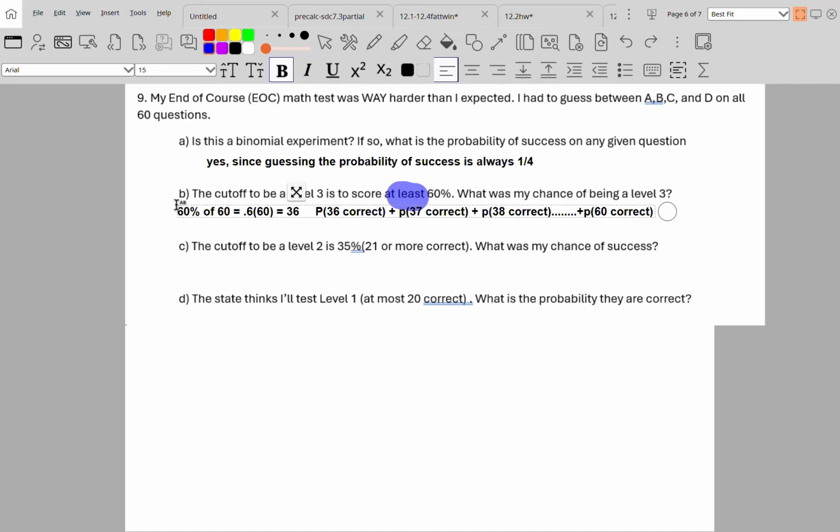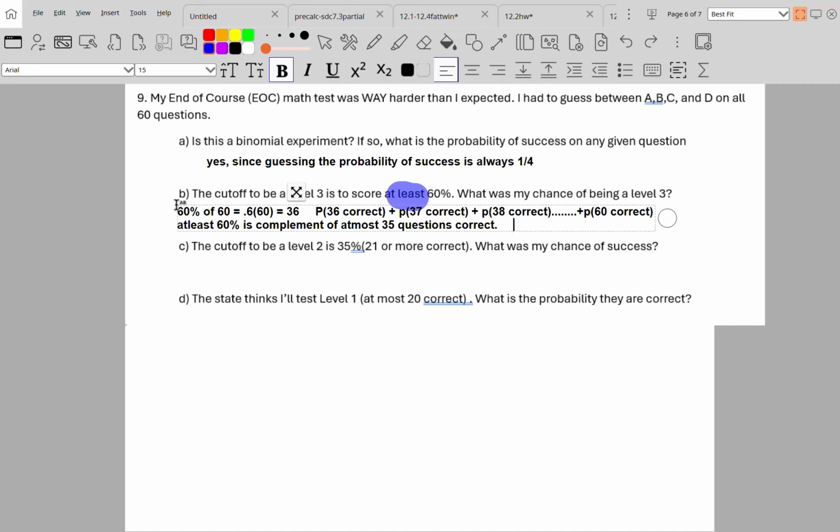So, you don't want to do that. What you want to do is realize that at least 60% is the complement of at most 35 questions correct.